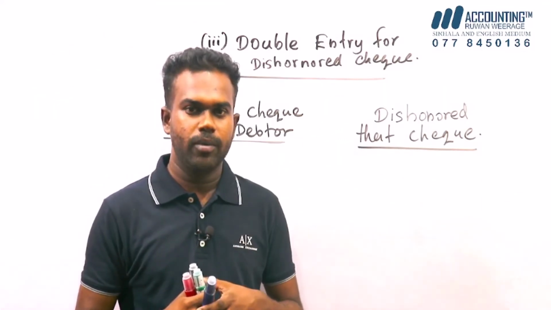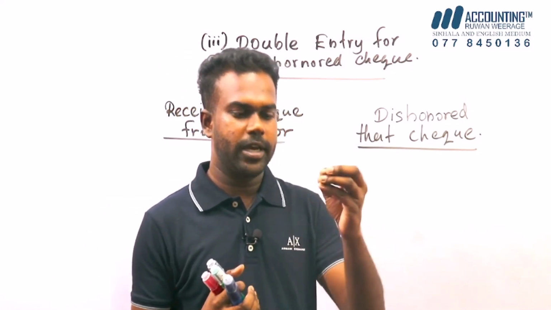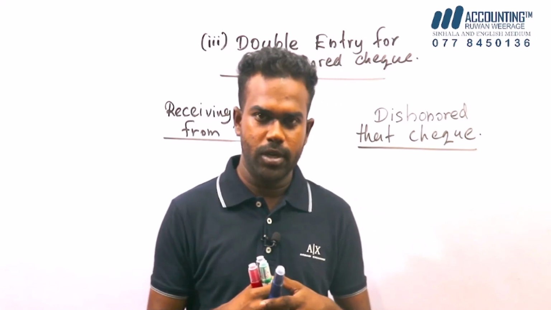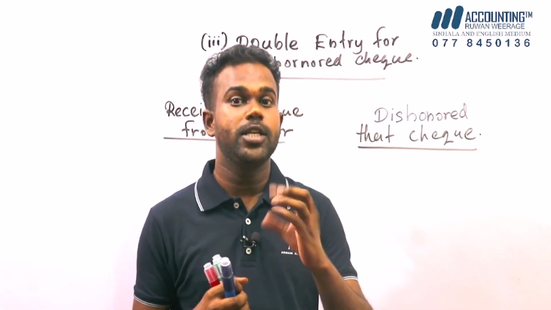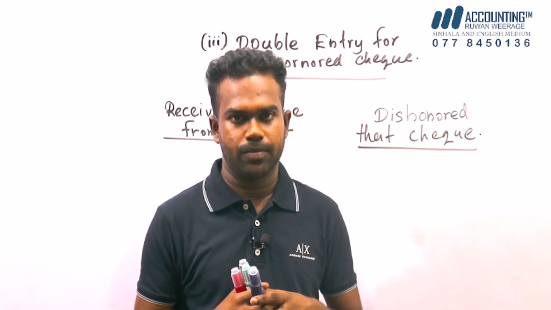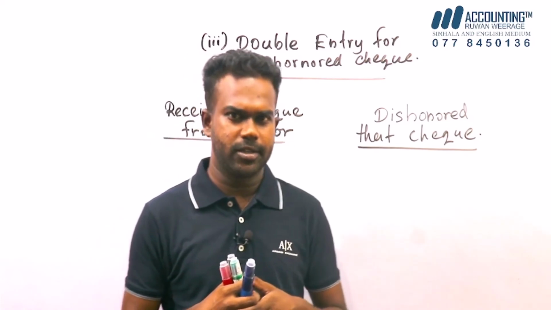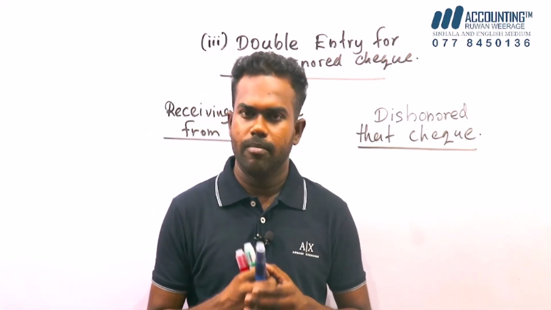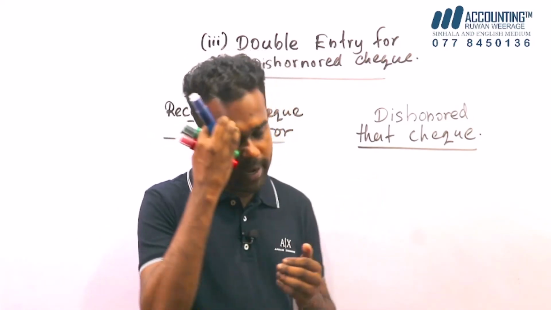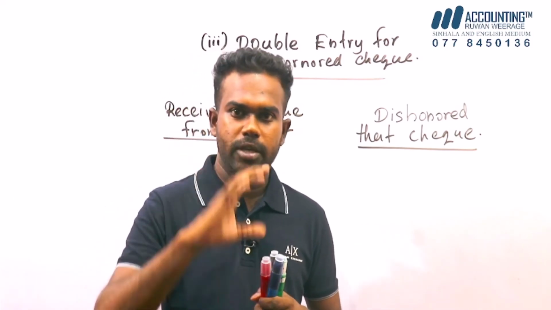Okay, last one, the double entry for the dishonored check. In number 4, there was actually a deposited check received from debtors, 20,000, but later it was dishonored by the bank. 20,000. Right, dishonored means the bank has rejected. Before identifying the dishonored double entry, you should identify the double entry for a check received from the debtors.